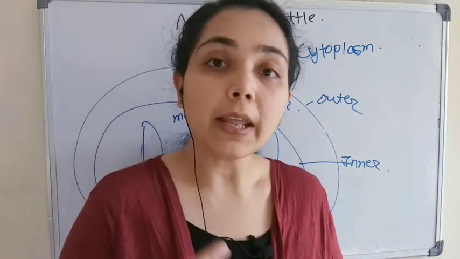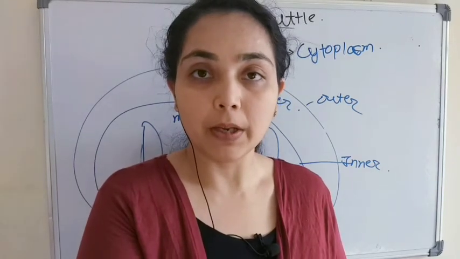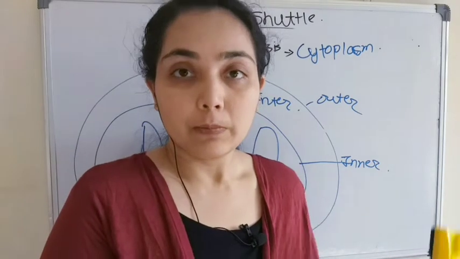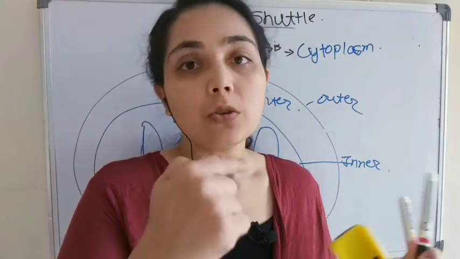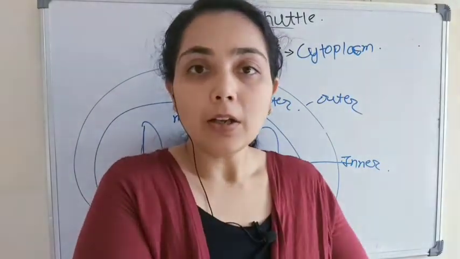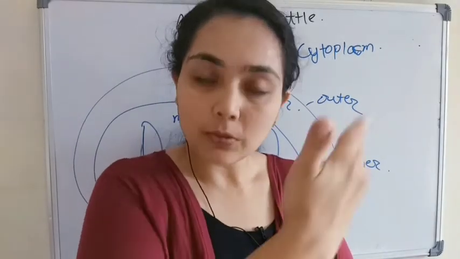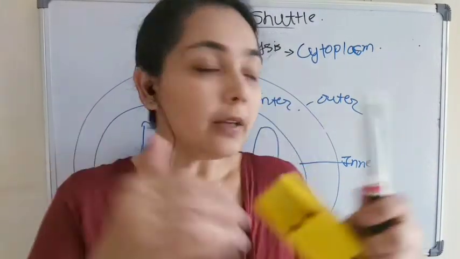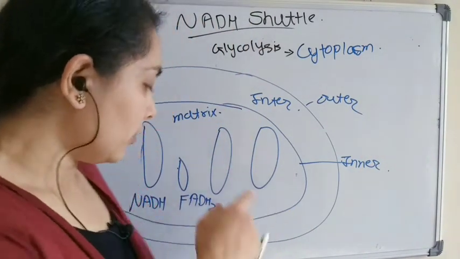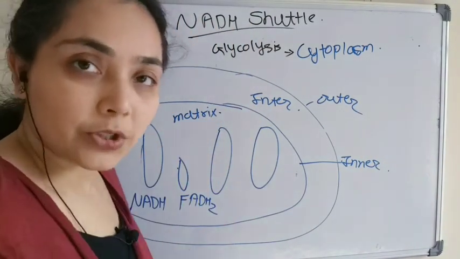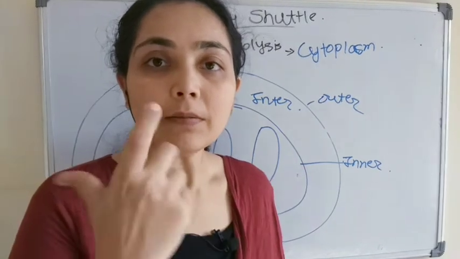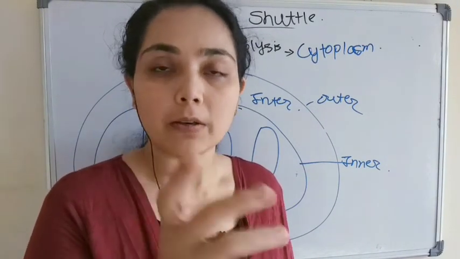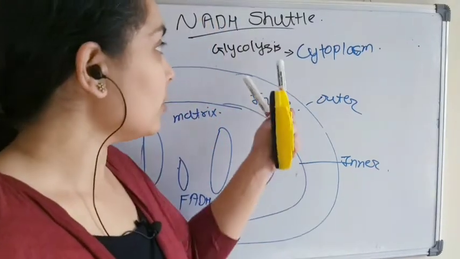But if someone else has access to the inner mitochondrial membrane, NADH can transfer its electrons to that other molecule, and it will ultimately come into the matrix of mitochondria and finally to the electron transport chain. Nature has a very smart way of dealing with things. Just remember it like a courier.